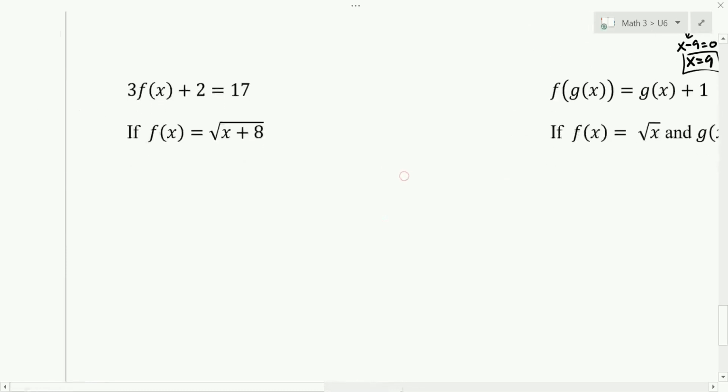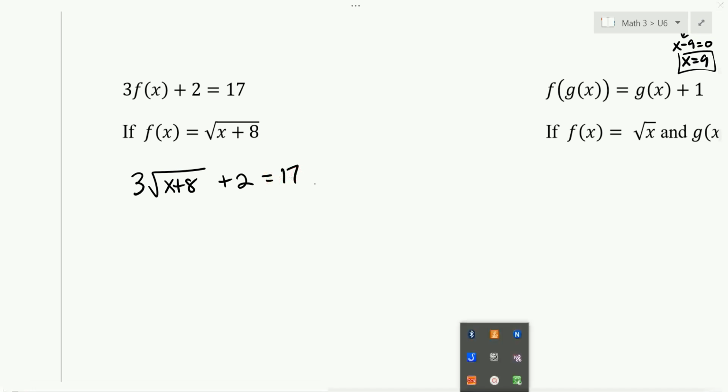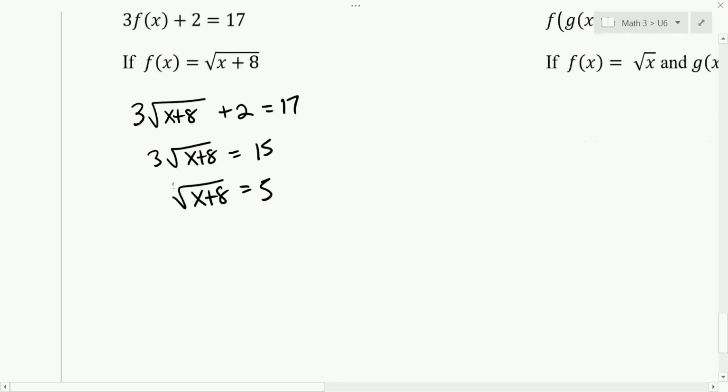So, all right, the next one. Here we've got to plug in the square root of x plus 8 for f of x. And we get 3 times the square root of x plus 8, plus 2, is 17. Solving for the square root, we subtract 2 first, and then divide by 3. And then we can square both sides.